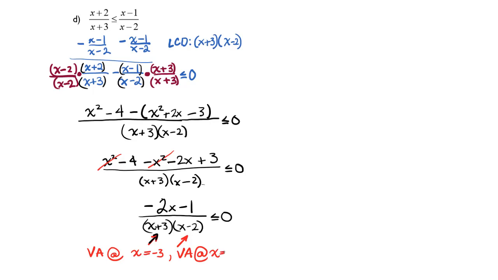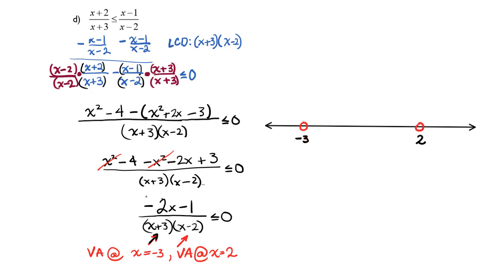x equals 2. Here's my number line. I have a vertical asymptote, or a hole, at negative 3, and also at 2.